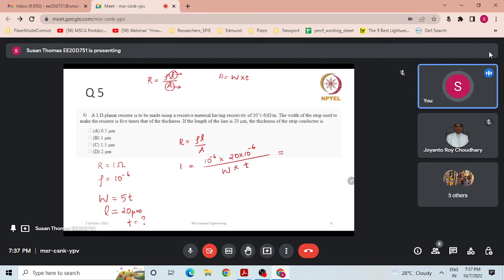So it is 20 into 10 power minus 12 divided by, width can be written as 5 times thickness, into T again. So T square will be 4, 20 by 5 will be 4 into 10 power minus 12. Therefore T is 2 into 10 power minus 6, or I can write it as 2 micrometer. So this is the thickness of the strip required. So that is 2 micrometer. The answer option is D.